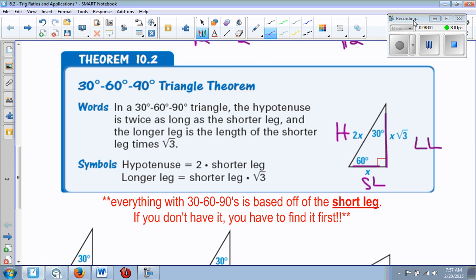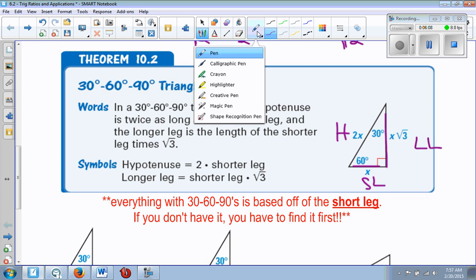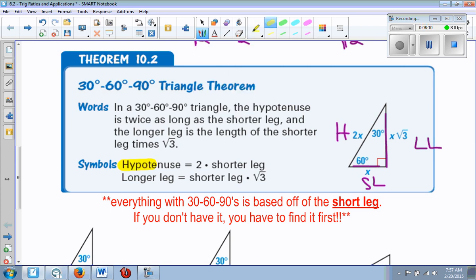So everything here is based off of the short leg. If you know what the short leg is, the hypotenuse is just the short leg multiplied by 2, not the square root of 2, just by 2. And the long leg is just the short leg multiplied by root 3.